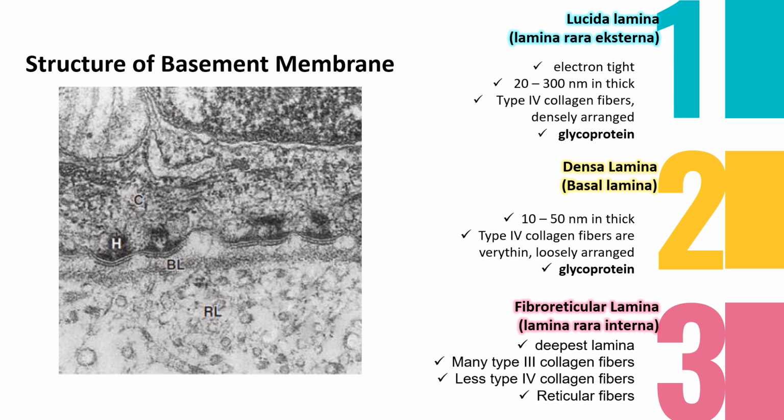And the fibroreticular lamina is the deepest lamina of the basement membrane, containing many type 3 collagen fibers, fewer type 4 collagen fibers, and reticular fibers. In the picture, you can see that this is the basal lamina and this is the fibroreticular lamina or lamina rara interna.